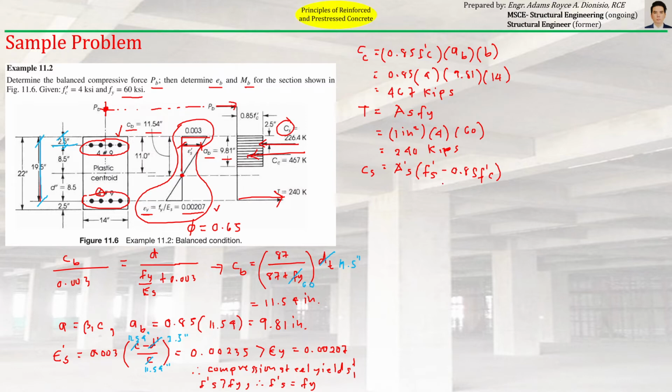Yung fc prime, alam natin yung value. As prime, compute natin kasi 4 na number 9 lang ginamit, so 4 times 1 square inch. Ang problema natin dyan, yung fs prime. What is the value of fs prime?